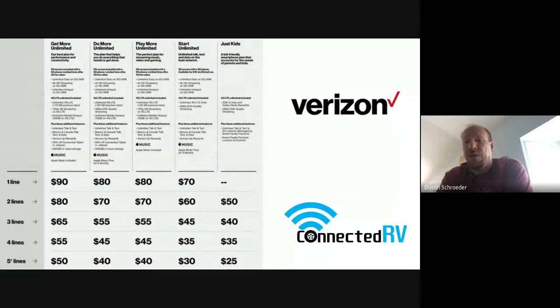So $40 a month would give you 15 times 4, so 60 gigabytes of hotspot data. But you do have to have 4 different jetpacks or 4 different devices that you can put those SIM cards in, or you could switch the SIM cards between one jetpack if you wanted to. I forgot to mention that, but that is something that some people have done where they're able to get more hotspot data.